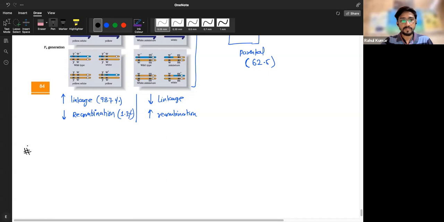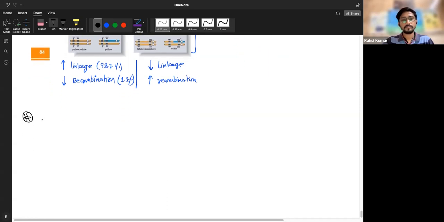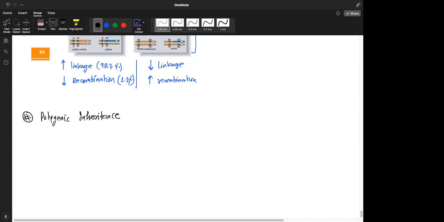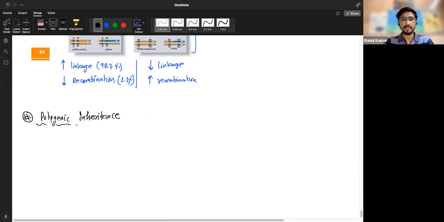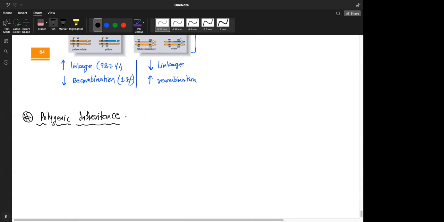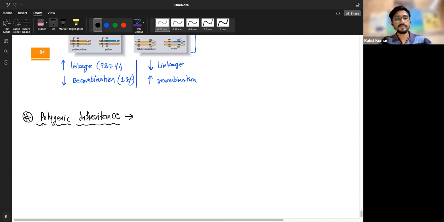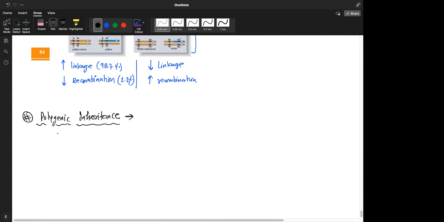So for example, one such thing is called polygenic inheritance. Do you have any idea about this term? It's just one trait. What does that name suggest? Read the name again. Poly means more than 3.